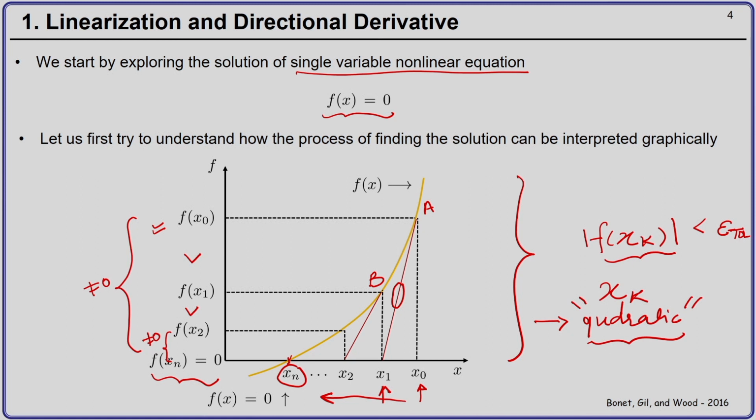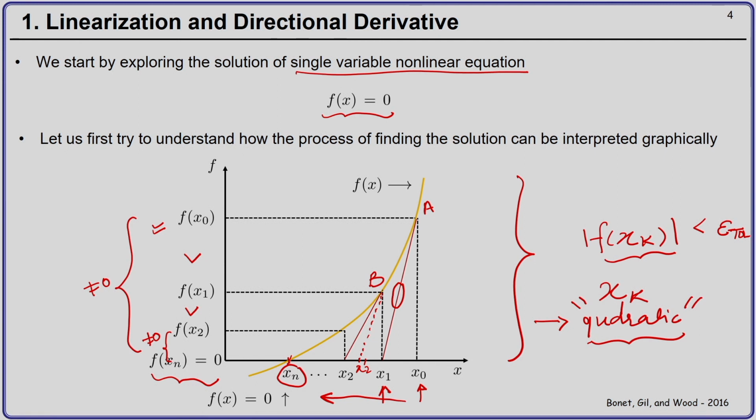However, you will notice that even if, for example, at point B you did not calculate the tangent accurately and you calculated something like this, then instead of reaching x 2 you would have reached a point x 2 dash, but still you have moved closer to the root, or the solution x n. So, even if you have a wrong tangent, it does not mean that you will not get a solution.